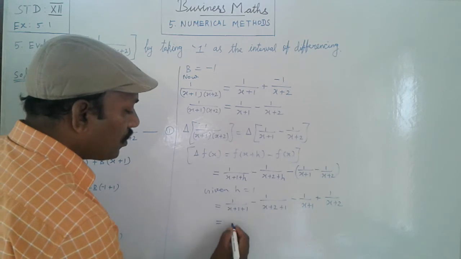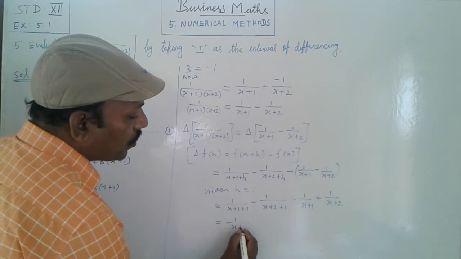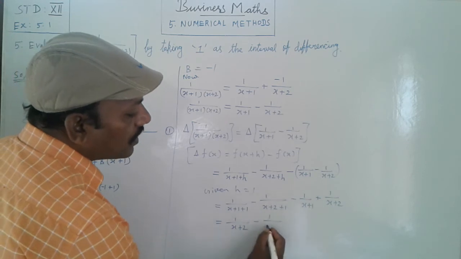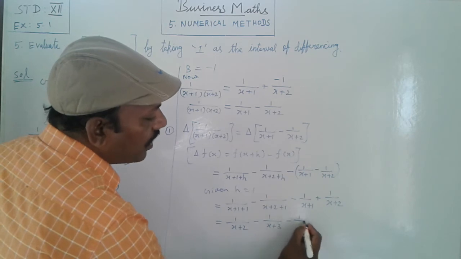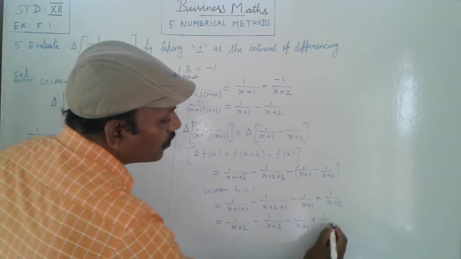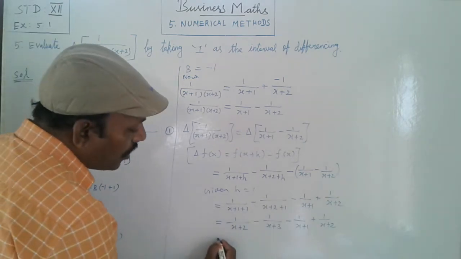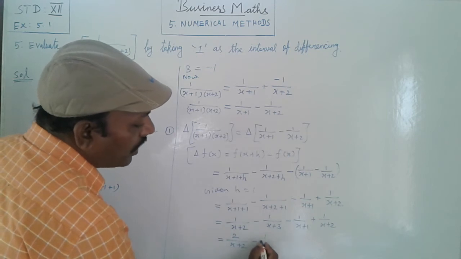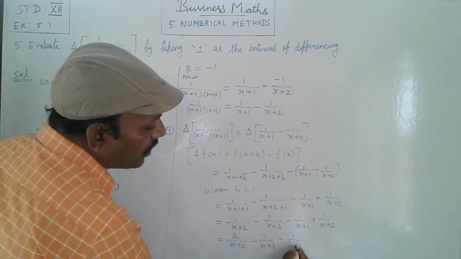So that is 1 divided by x plus 2, minus 1 divided by x plus 3, minus 1 divided by x plus 1, plus 1 divided by x plus 2. Adding the two 1 divided by x plus 2 terms, we get 2 divided by x plus 2 minus 1 divided by x plus 3 minus 1 divided by x plus 1.